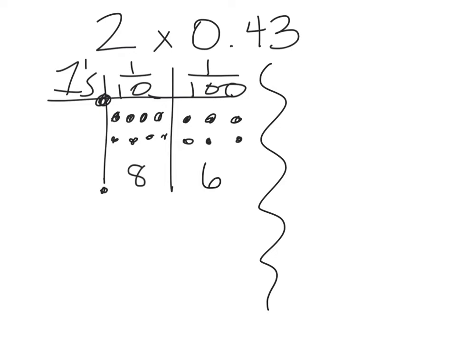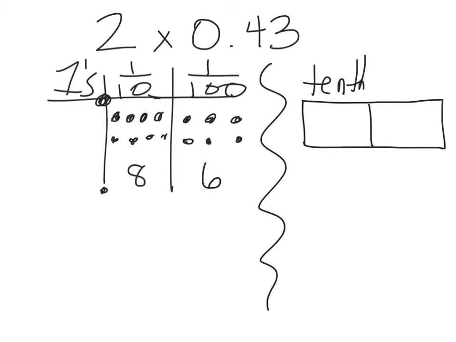Okay, so let's now, instead of just using a place value chart, let's look at how we can create this using an area model. Okay, so I'm going to create an area model. This is going to be my tenths. This is going to be my hundredths.